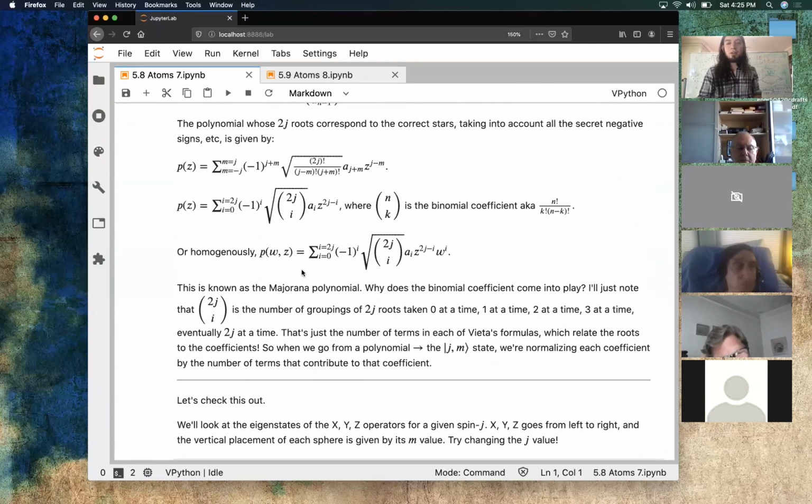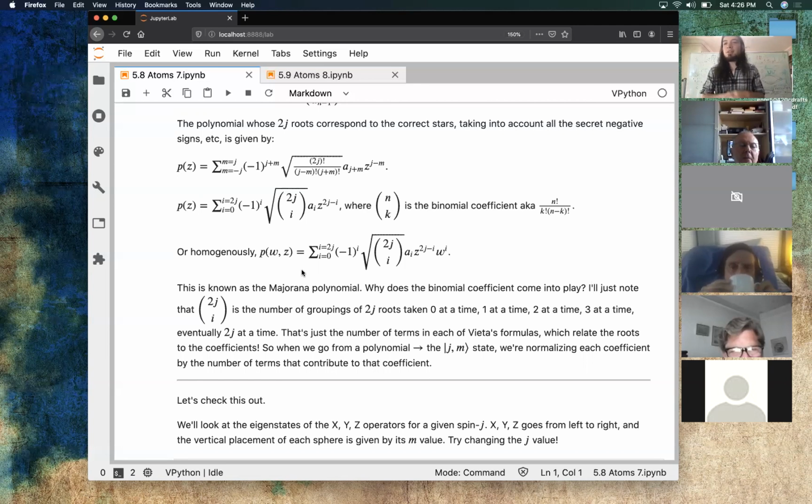Why does the binomial coefficient come into play? I won't go into the full thing at the moment. You'll see it a bit more intuitively later on. But if you think back to Vieta's formulas that relate the roots of a polynomial to its coefficients, we saw that the coefficients are the sum of all the roots, and then the sum of the roots taken pairwise and multiplied together, and the sum of the roots taken 3 at a time, multiplied together, and the sum of the roots 4 at a time.